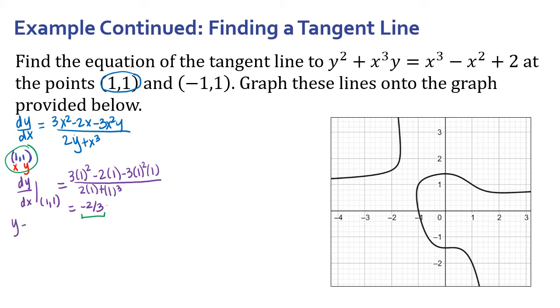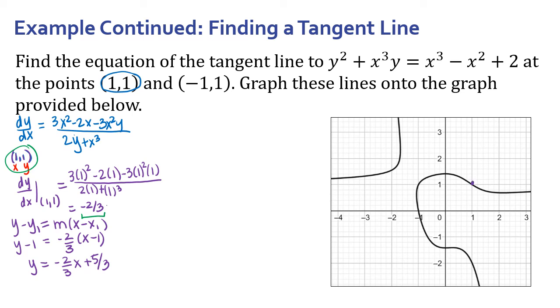So again, y minus y1 equals m times x minus x1. So y minus 1 equals the slope times x minus 1. So I end up getting y equals negative 2/3 x plus 5/3. If I were to graph that on here, let's find the point 1, 1.